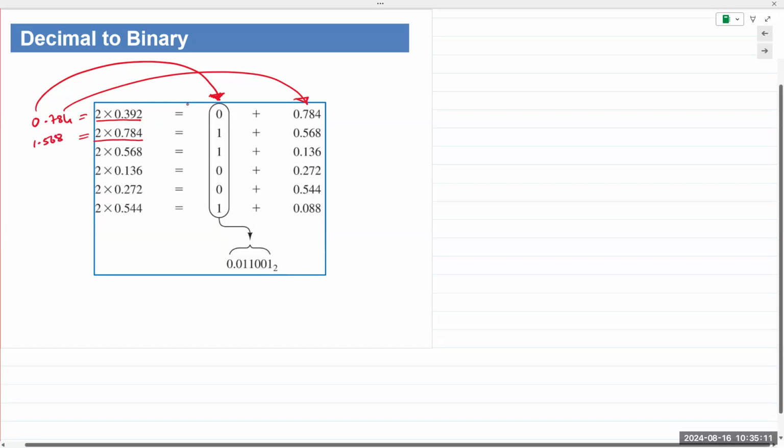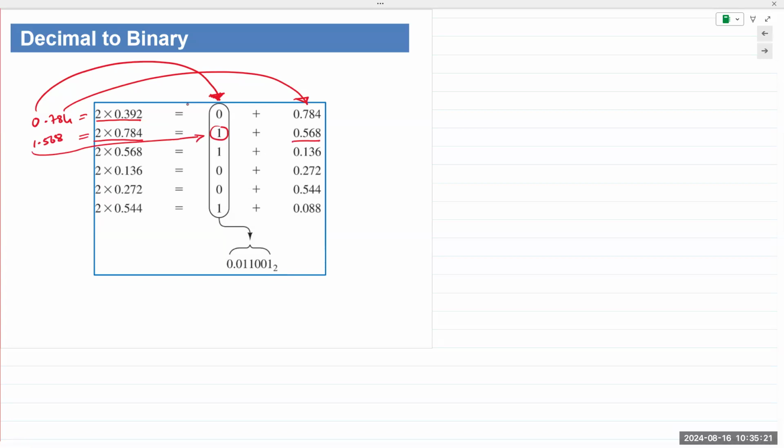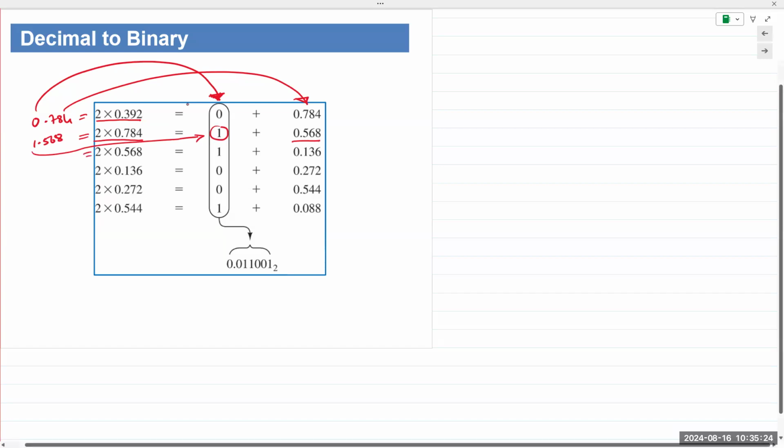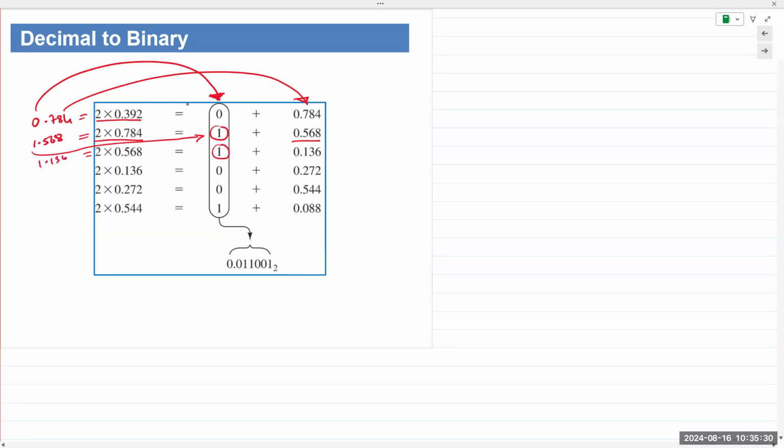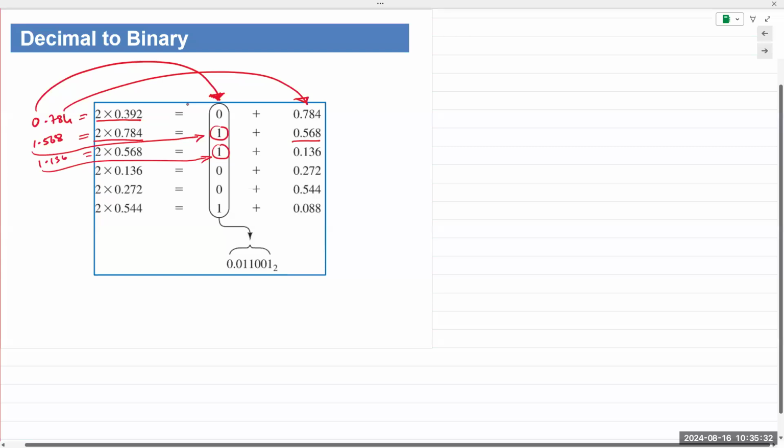The 1 goes here, and the remainder, 0.568, goes towards the right. And then you keep going. 0.568 gives you 1.136. That 1 goes here. And the remainder 0.136 goes towards the right.